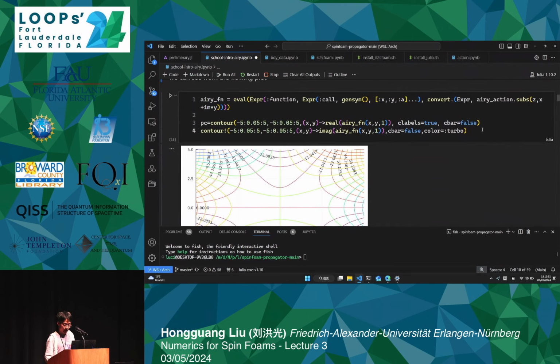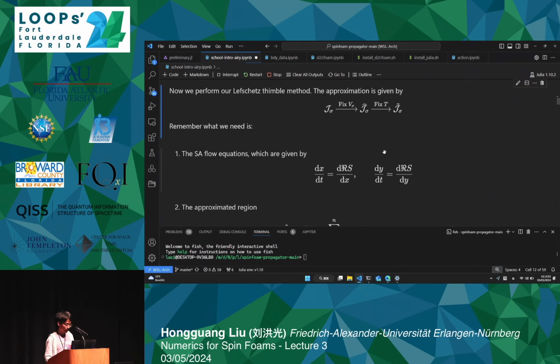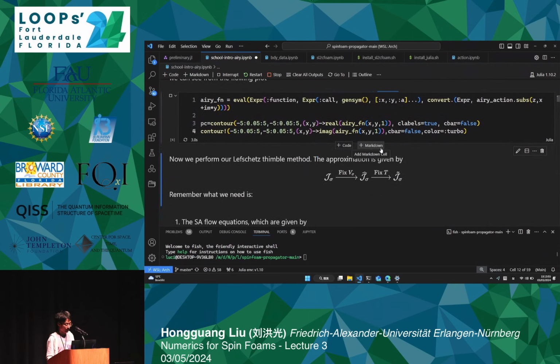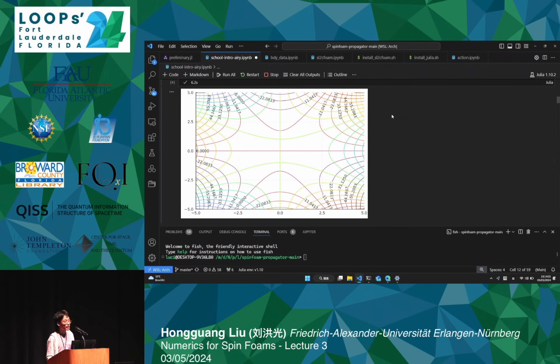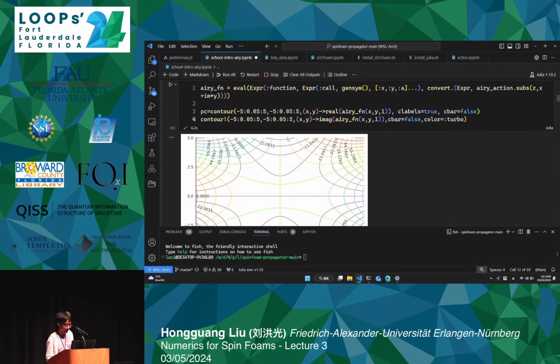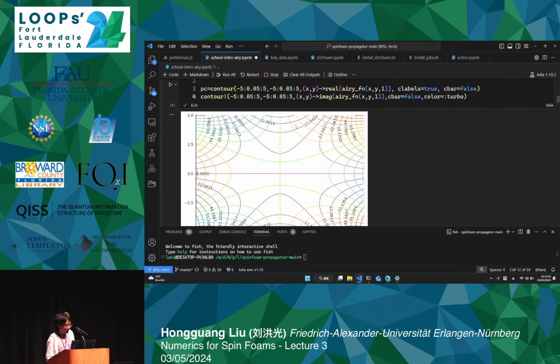And now we can draw. Because it's 1D, you can simply draw the phases and the real part of the action. And we know where the critical points are. The line below is the constant phase contour.